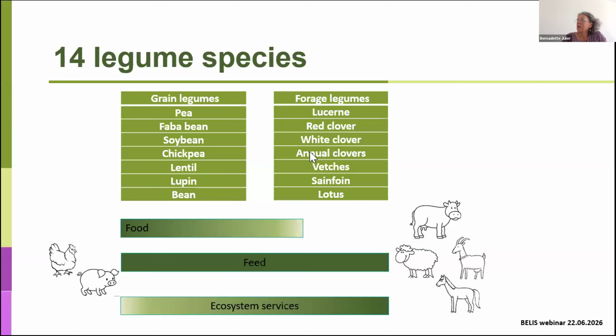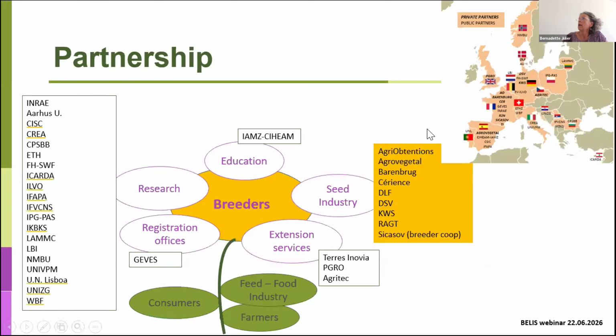They don't feed the same animals. Grain legumes mostly are used for monogastric animals, and forage legumes are used for polygastrics or ruminants. And all species provide very important ecosystem services, and for sure forage legumes produce a little bit more, but all of them are important, especially related to the nitrogen cycle.